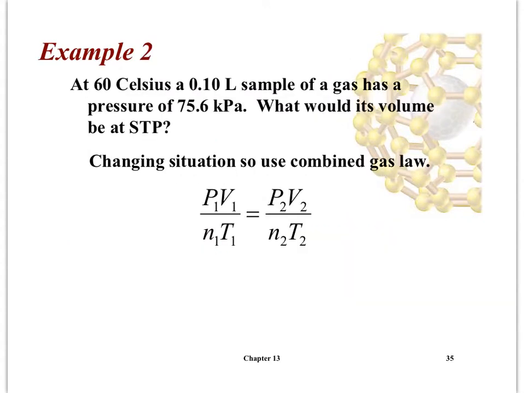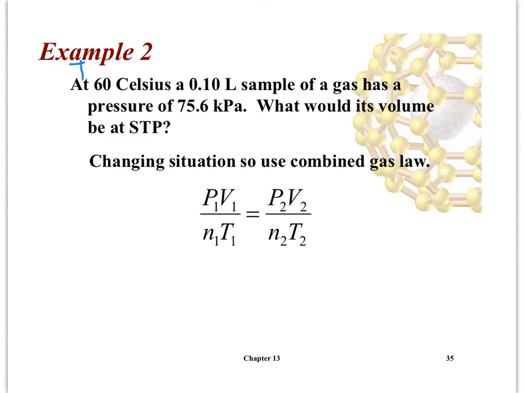Example 2 says at 60 Celsius, a 1/10 liter sample of a gas has a pressure of 75.6 kPa. What would its volume be at STP? So I'm going to go again and look at my different numbers. 60 Celsius, that's a temperature.